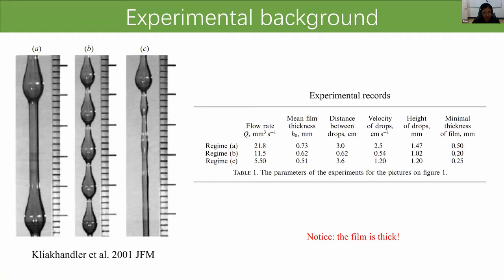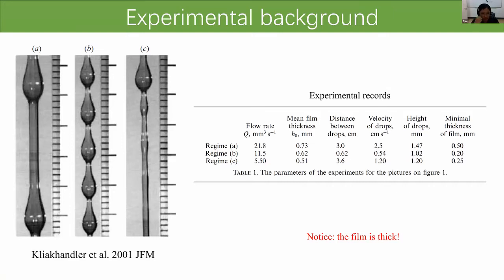And they reduced the flow rate further to a very small flow rate. And they observed that a large droplet can coexist with several tiny beads.